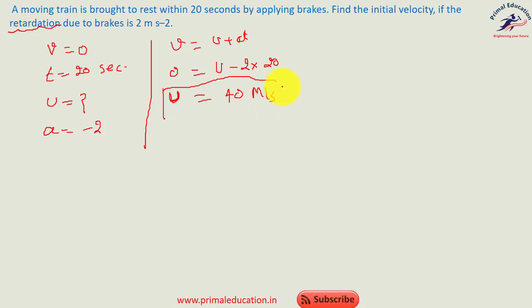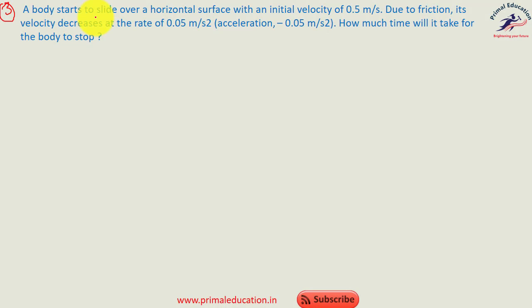Okay, is that clear? Next, question number 3: a body starts to slide over a horizontal surface. It is a horizontal surface, so obviously it has some friction.